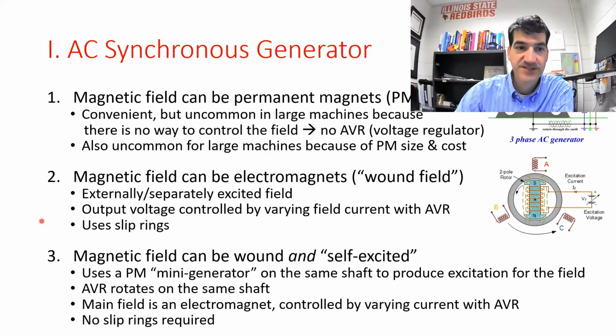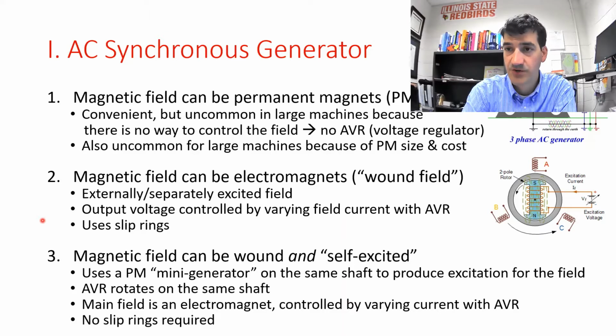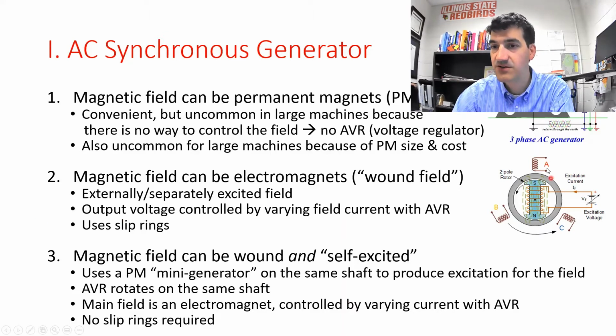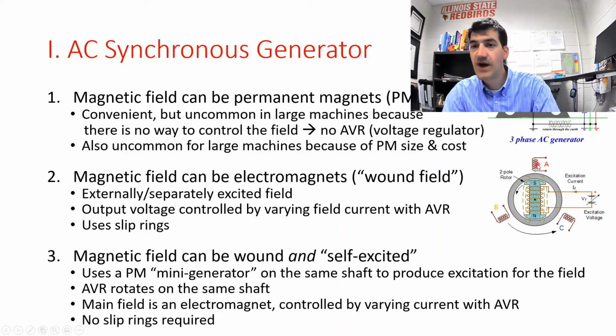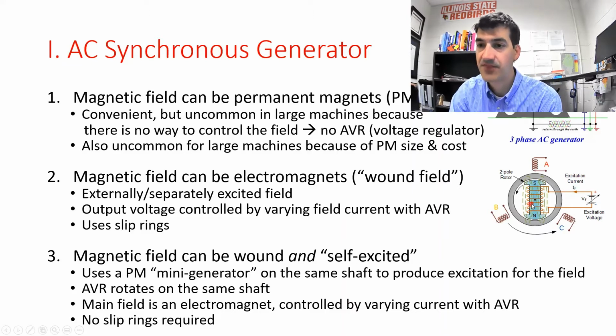So then we said in the previous slide, we can replace that permanent magnet on the rotor with an electromagnet, like is shown right here. So here's armature winding A, phase A, here's phase B, here's phase C. And now we've taken out the permanent magnet right here on the rotor and put in an electromagnet on the rotor.